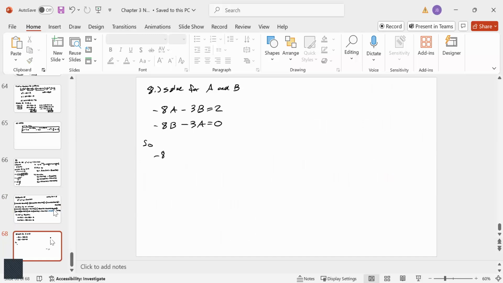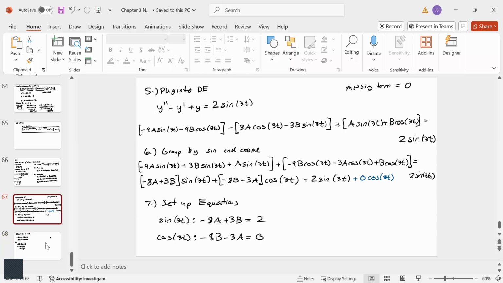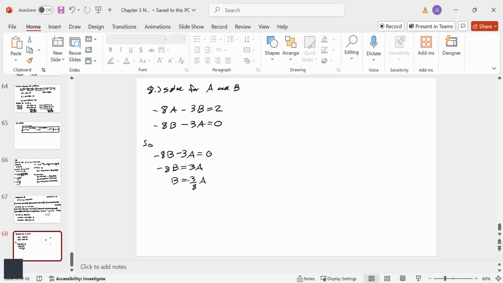So negative 8b minus 3a is equal to 0. Negative 8b equals 3a. b is equal to negative 3/8 a, right? That makes sense, as long as I pick the right equation. Yep. And from there, we sub it in.